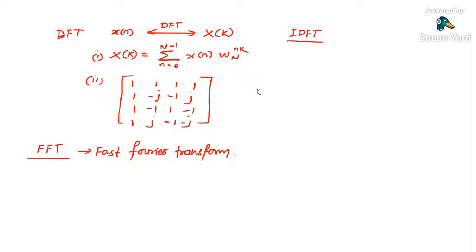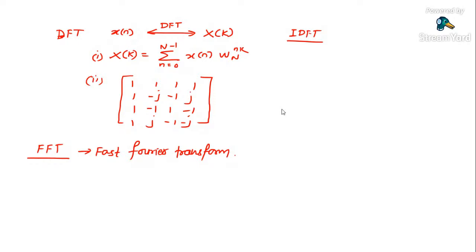Here we are discussing 4-point DFT. This is the matrix for 4-point. For 8-point, there is an 8 by 8 matrix. For 16-point, there is a 16 by 16 matrix, and for each multiplication you have to multiply with some number, then you have to add it. So this task is huge, and that task can be reduced by using the fast Fourier transform.